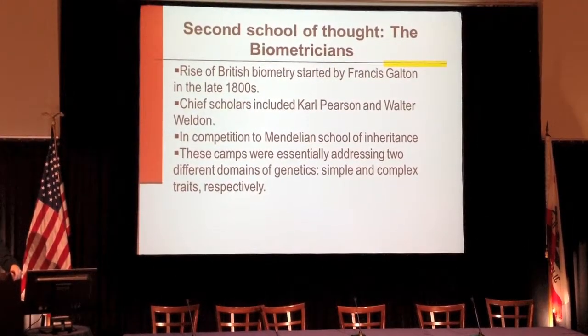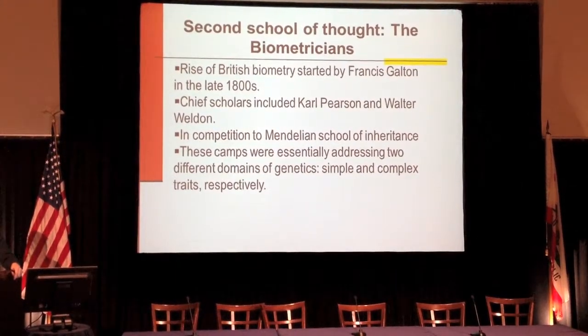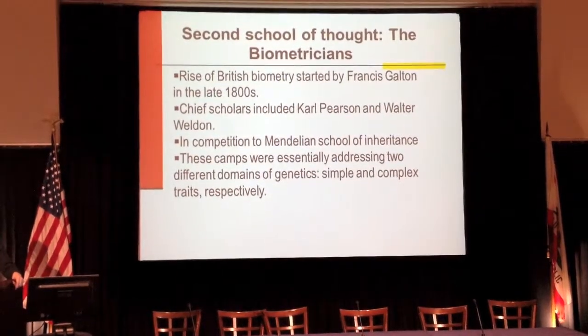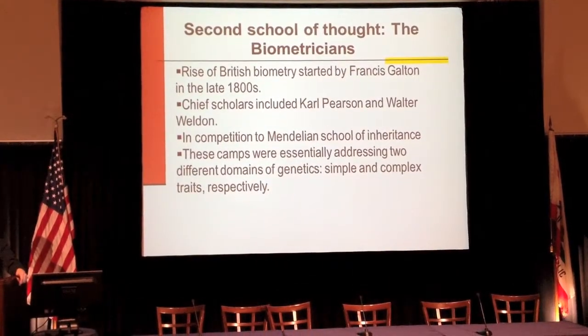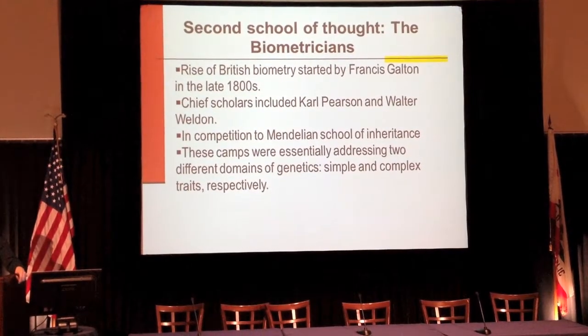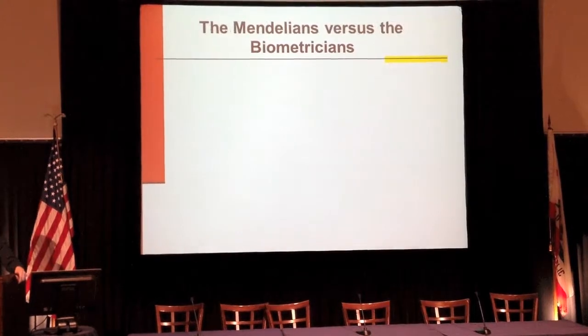The two schools of thought were essentially addressing two different domains of genetics: inheritance of simple and complex traits, respectively.